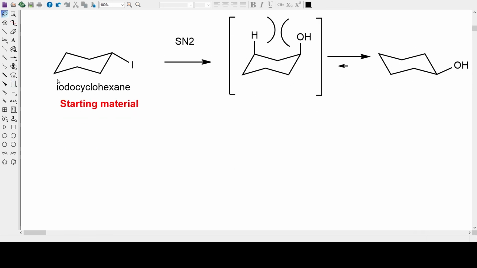Last thing. So this is the starting material, and this is the product. Now this is an intermediate, and this is the product. You can use a curve object to align. Si vous voulez aligner, vous avez des outils pour vous aider à aligner.